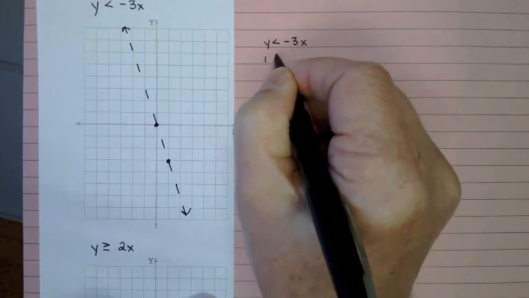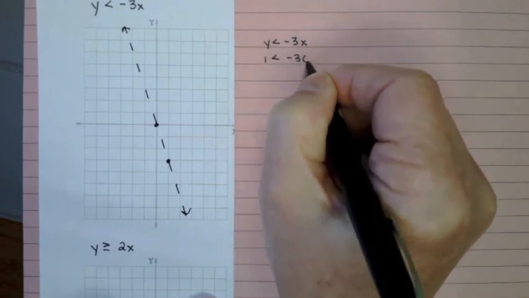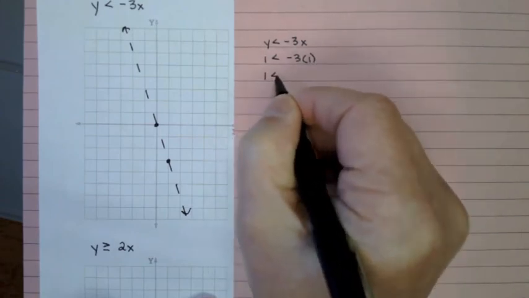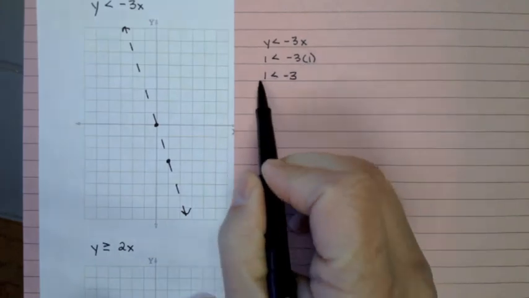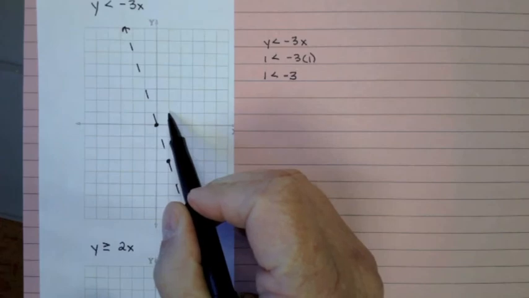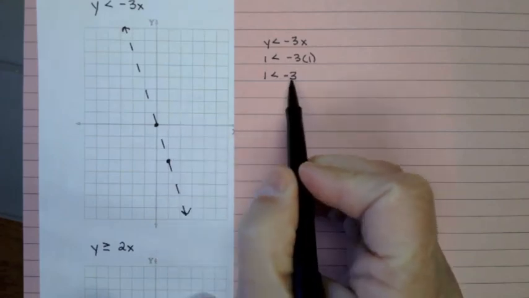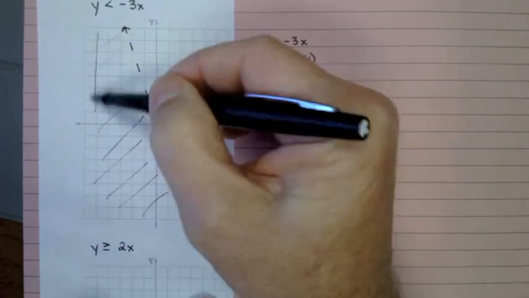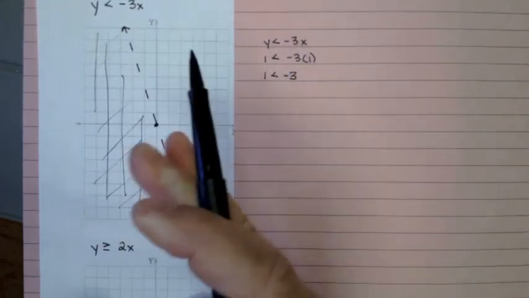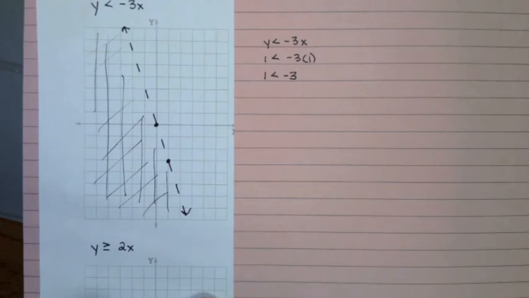I put a 1 for my y and a 1 for my x. 1 is less than -3 times 1, which is -3. Is 1 less than -3? No. That means I need to shade the opposite of that. Points on this side are solutions.